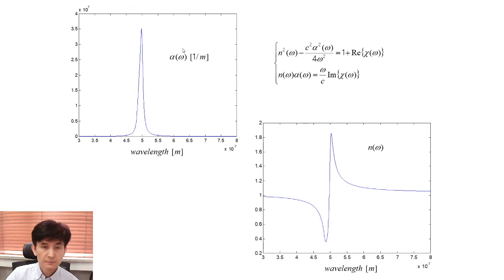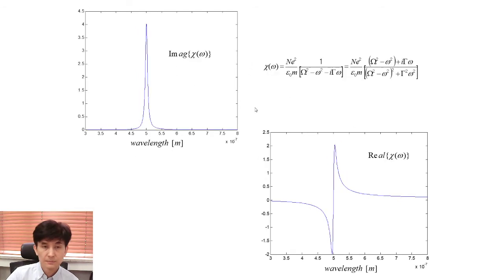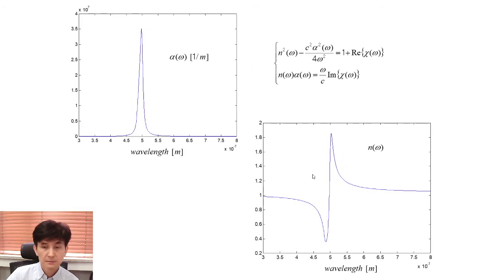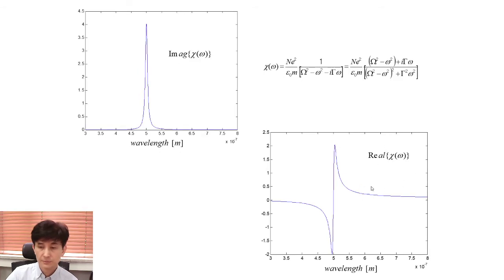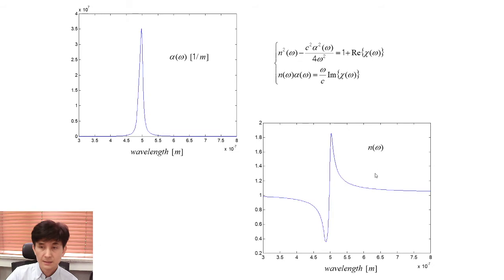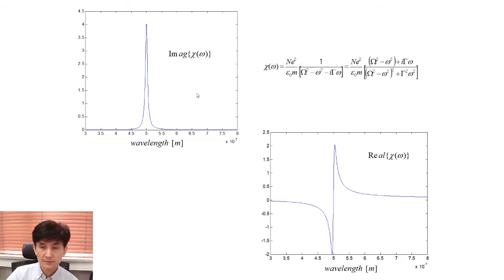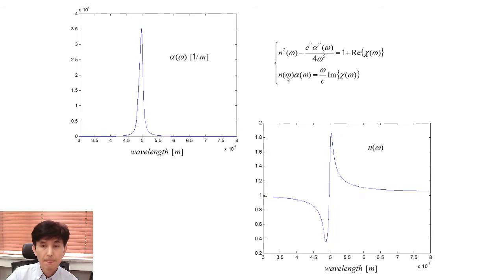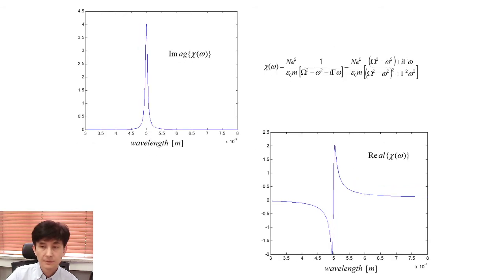In that case, alpha is calculated from this, and the refractive index calculated from this. That's the numerical expression. This is the exact solution for a given expression of chi, given with this.